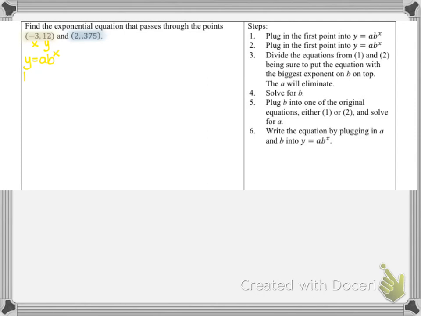So there's my 12. I don't know what a is, I don't know what b is, but I do know what x is. I'm going to proceed and do the same thing with the other one. I get x and y here, y equals ab to the x, and plug everybody in where they go.